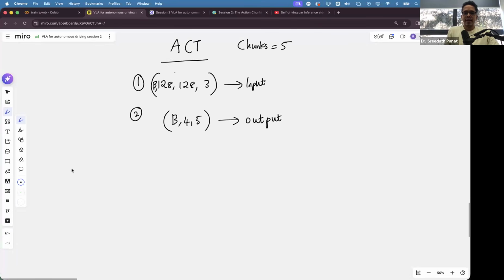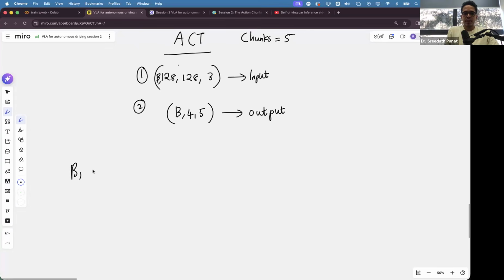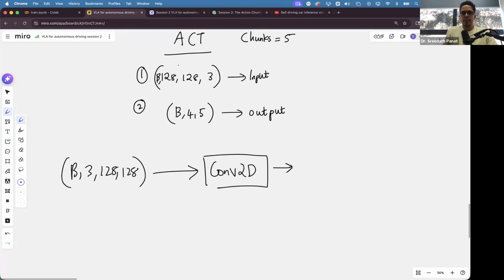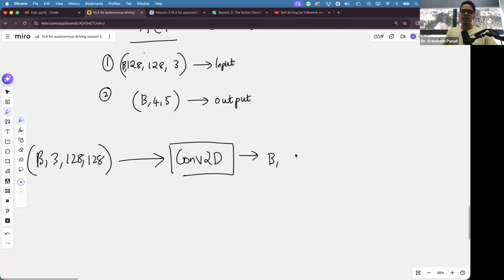Now, we told that the input is B, 128, 128, 3. I think the way I am writing in the figures is B, 3, 128, 128, if I'm not wrong. So just let me keep it consistent. After multiple 2D convolution operations, this will become B, 64, 8, 8.